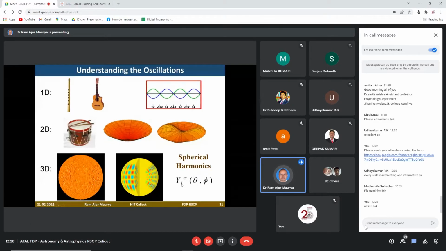Here L is the harmonic degree and M is the azimuthal number, and theta and phi are functions of latitude and longitude. So these oscillations we can model. For example, here you can see some illustrations of the spherical harmonics.